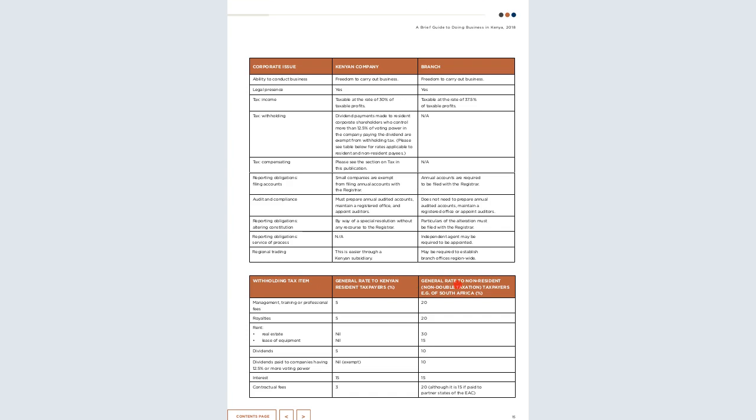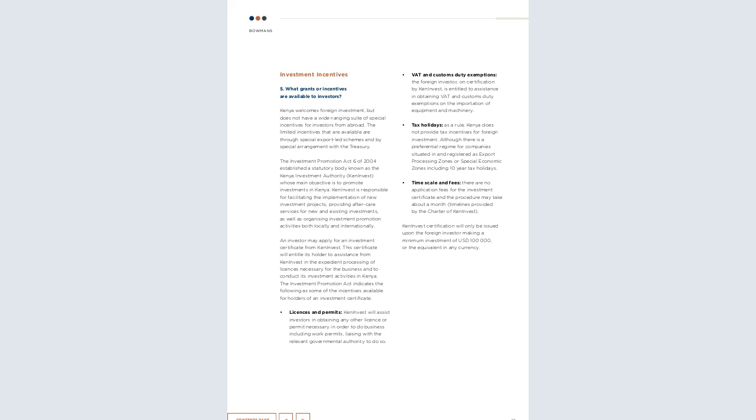So this is just a summary table of the freedoms, or of the provisions for a company to be able to operate. Then the income is taxable at the rate of 30% of the taxable profits, while the branch is taxable at the rate of 37.5%. And then we have tax compliance, reporting obligations and accounts. You'll be able to look at that table.